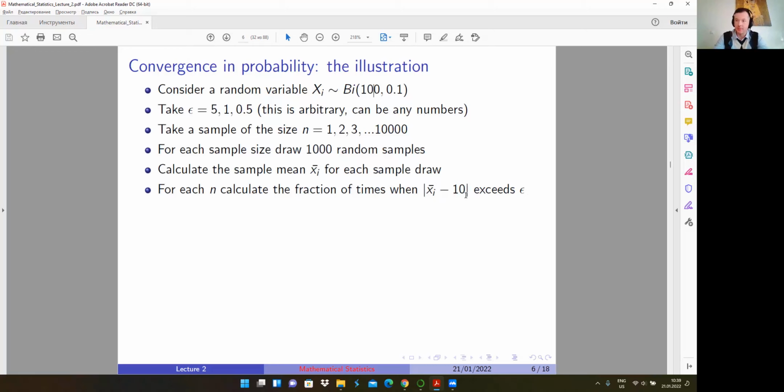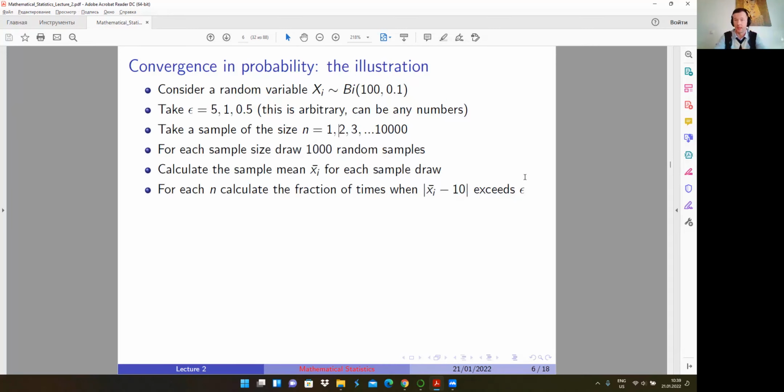This will give me something like a probability that under the sample size of 1, the sample mean minus 10 exceeds 5, with the sample size 2, this difference exceeds 5, and so on.